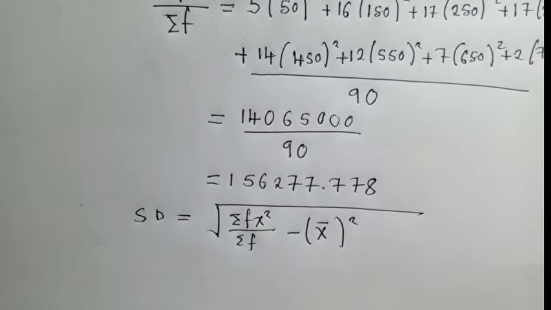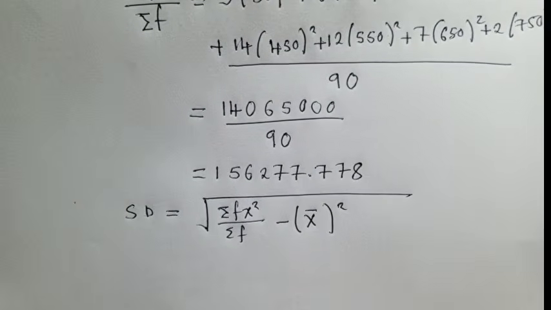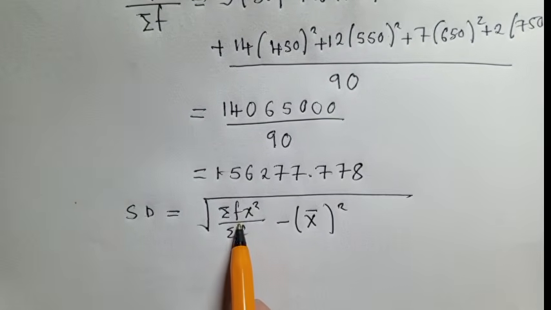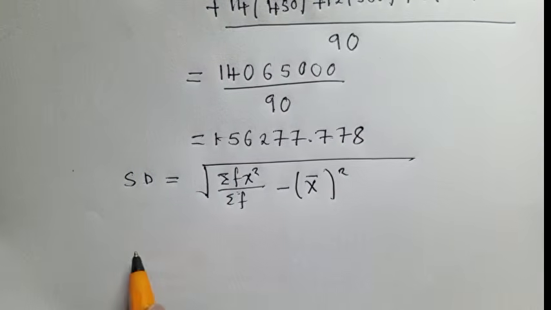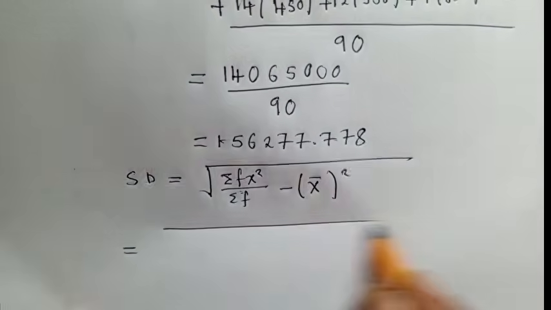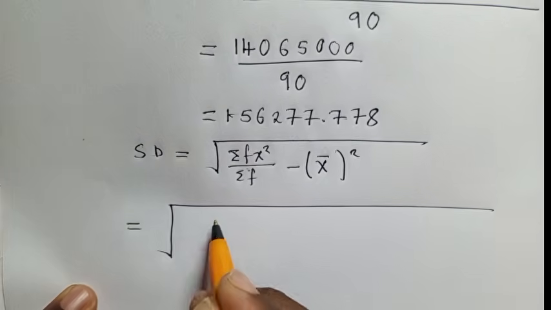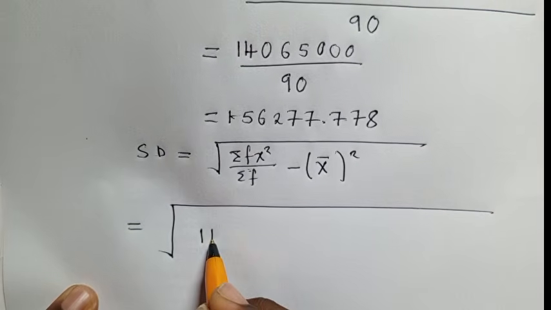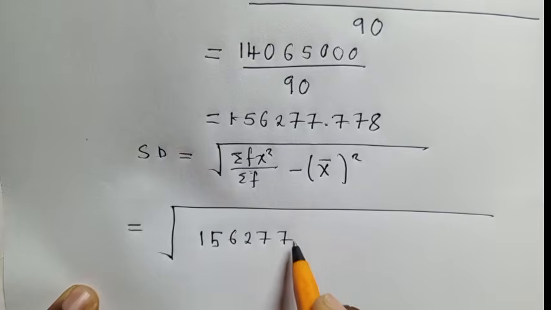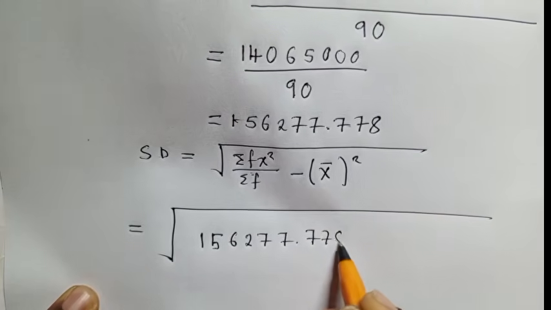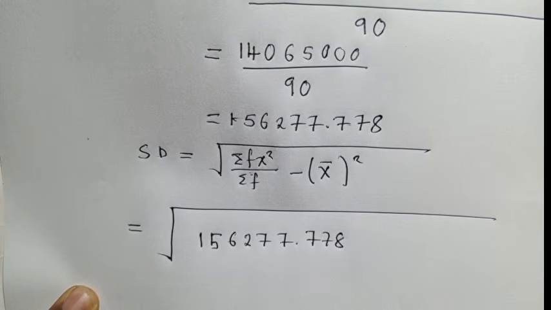So looking at the formula, the way it looks, we need to substitute this here and the mean will come right here. So this is how it will look like. We shall have square root over 156277.778. Okay?